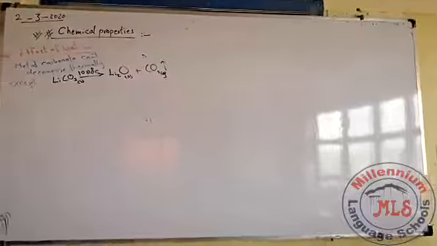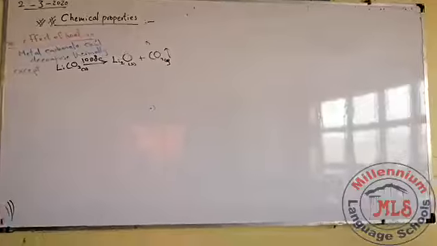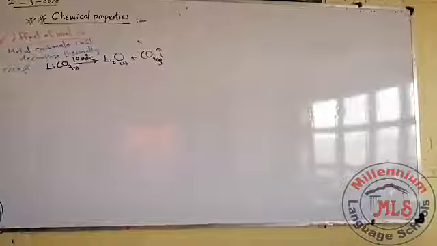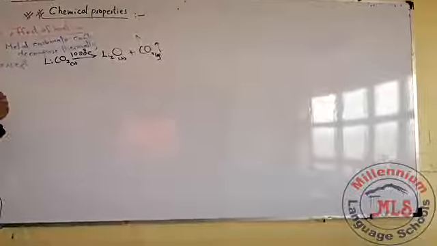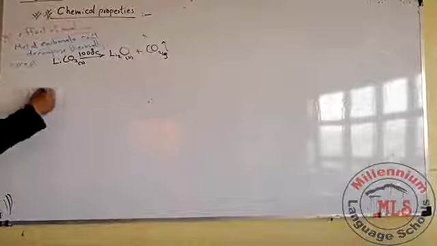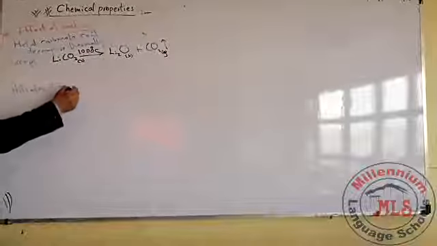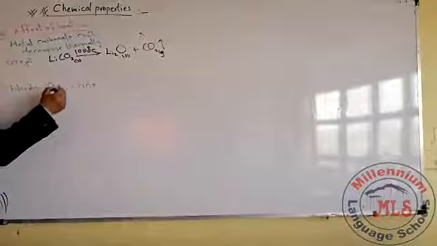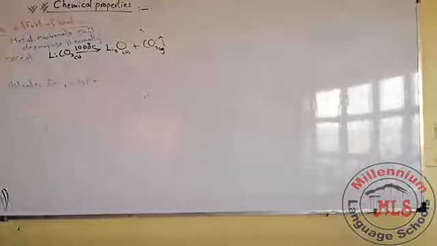Now, other oxygenated salts like nitrates. What happens for nitrates? Nitrates can decompose partially into metal nitrite and oxygen gas. So nitrates on heating form metal nitrite and oxygen gas evolves.